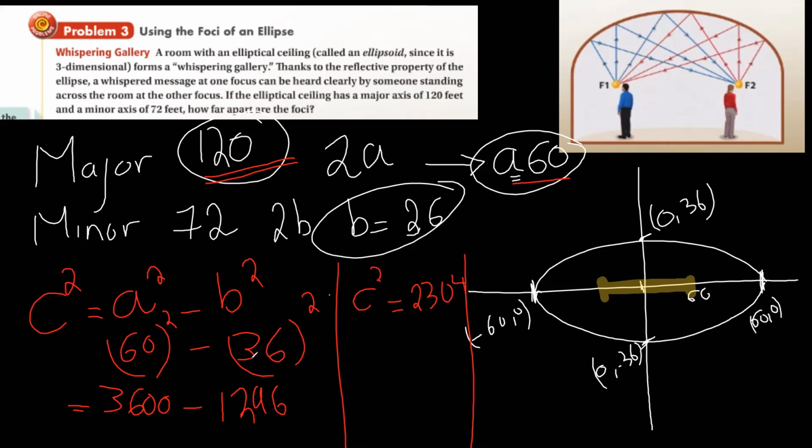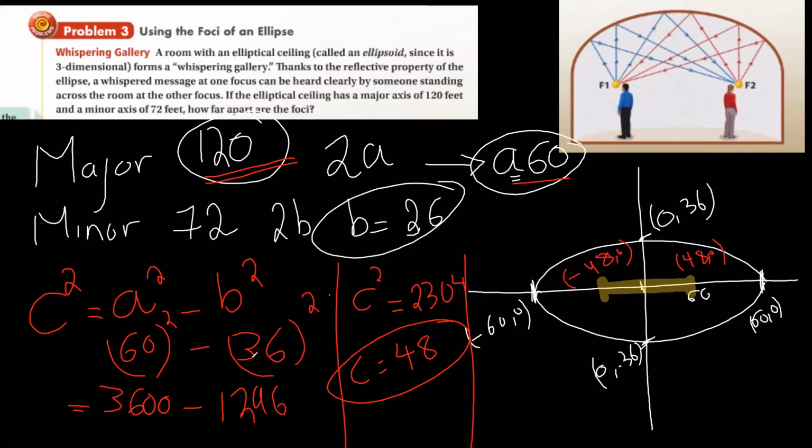Right, please. Two thousand three hundred and four. Sorry, no, sorry. Square root of the answer. So C now will be 48. This is C. So here now, it has to be (48, 0) and (-48, 0).